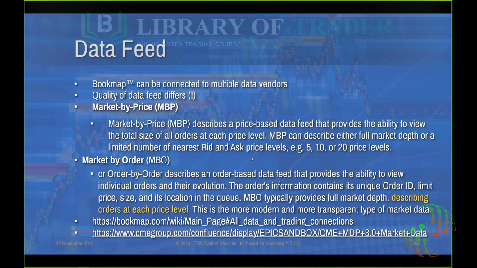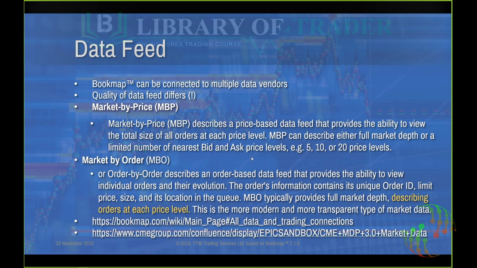There are two types of market data: market by price and market by order. Market by price describes a price-based data feed that provides the ability to view the total size of all orders at each price level. It can describe either full market depth or a limited number of nearest bid and ask price levels, so you get either 5, 10, 15 or 20 price levels.